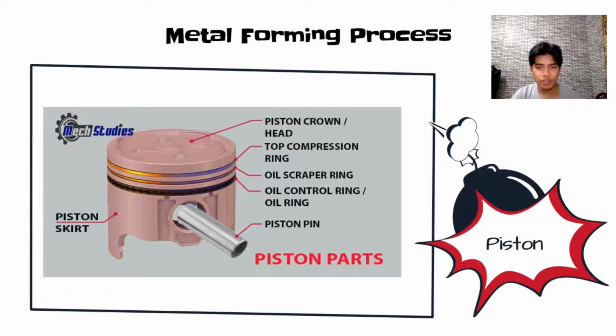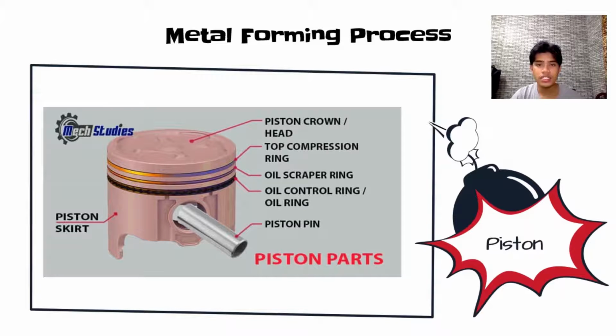For the metal forming process, our group has selected to use a forging process, which is a process under metal forming, in the making of a piston. Here we can see that there are several parts in a piston.